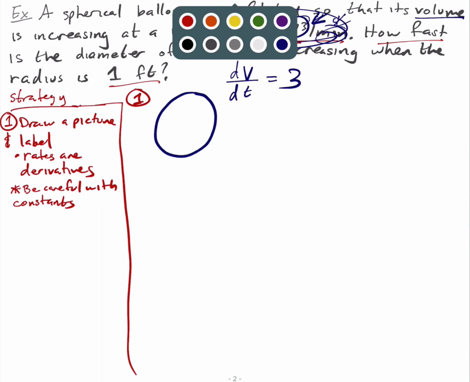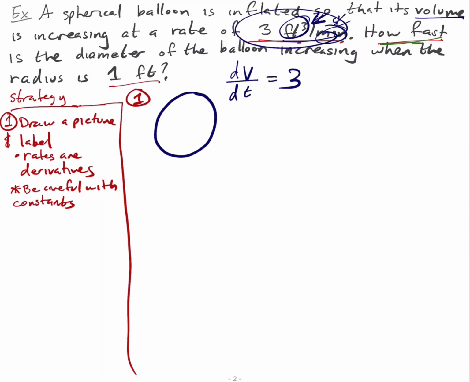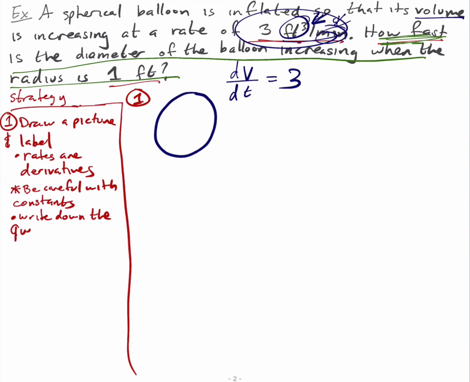Now, over here, I have a question. How fast is the diameter of the balloon increasing when the radius is 1 feet? Okay, so I'm going to put this as actually a part of the first step. Write down the question in math notation.